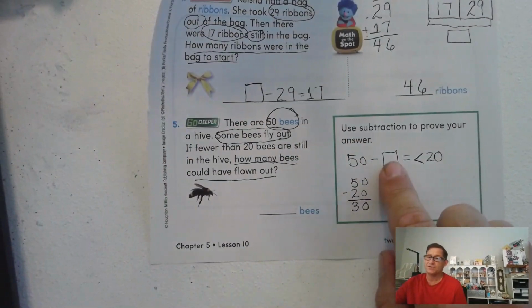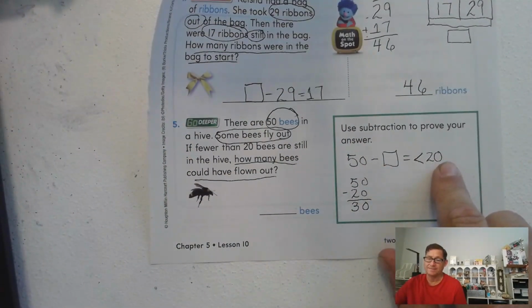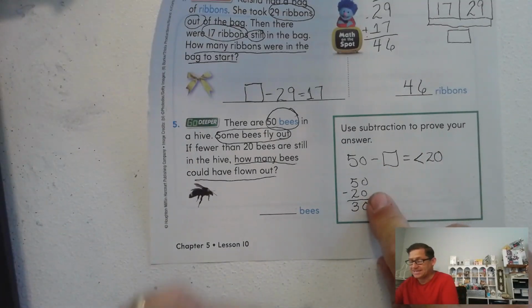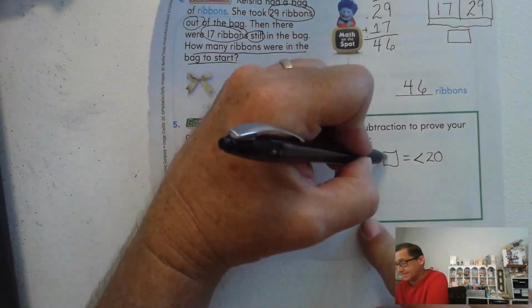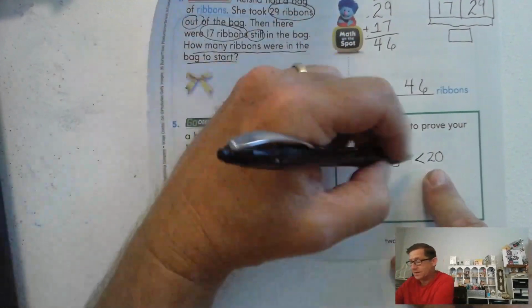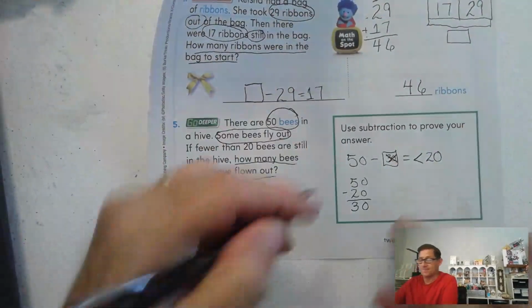But 50 minus 30 is not less than 20. So I need at least one more. 50 minus 20 is 30, but 50 minus 30 is not less than 20, right? So it can't be 30.